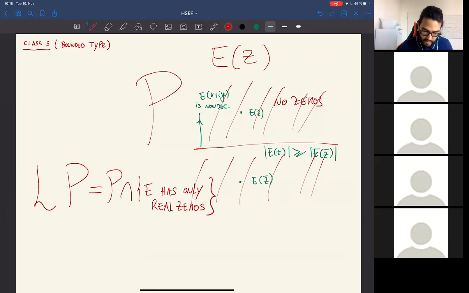If you go in the literature or papers, people usually work with this class rather than only no zeros in the upper half plane.